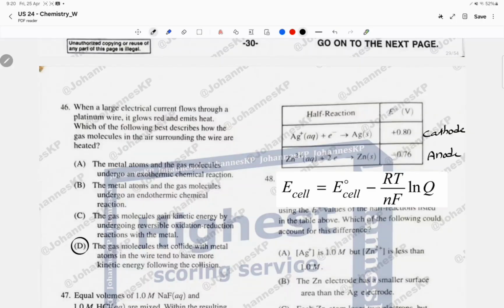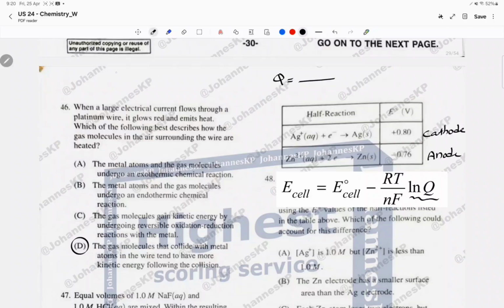Okay, so the question is, will the ln Q be negative, which will make the whole thing into a positive? So Q is just the product over the reactant. The cathode we don't flip, so it remains like it is. And the zinc we have to flip. So basically our balanced equation will look like this. Zinc 2 plus with 2 electrons got flipped.